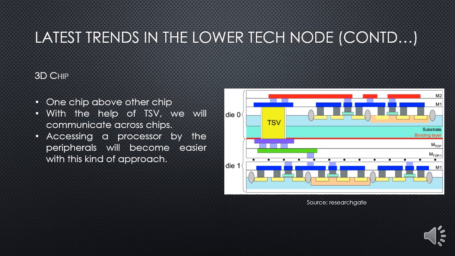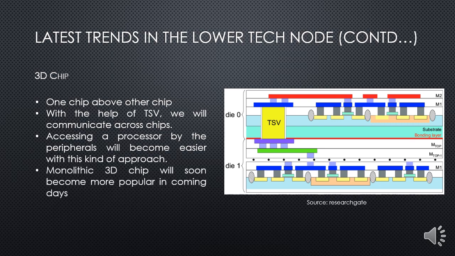That is what I want to say about the 3D chip. This is one of the latest trends in the lower technology nodes. Monolithic 3D chip, I will discuss in the next slides.